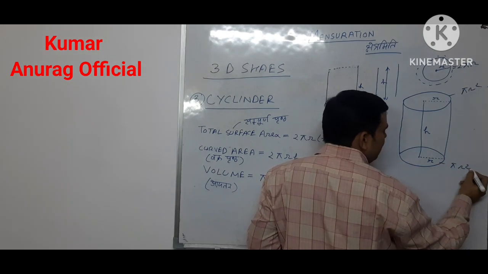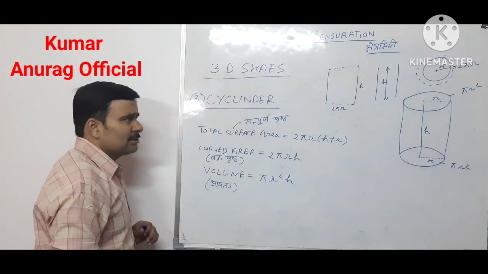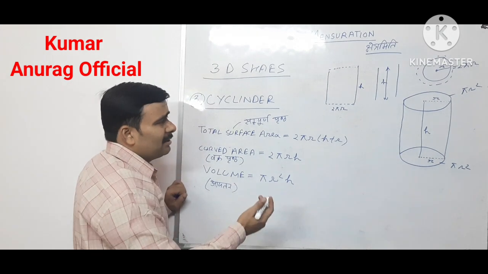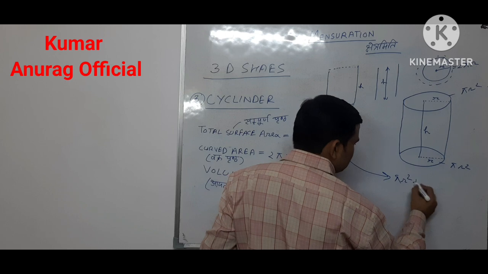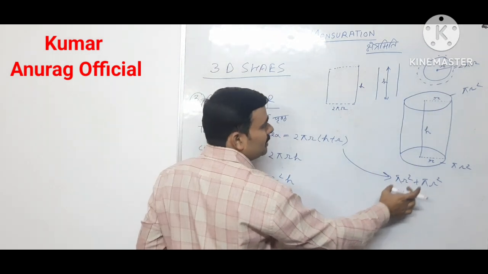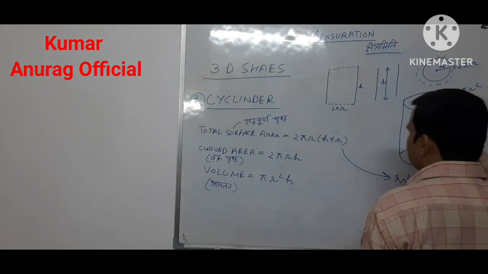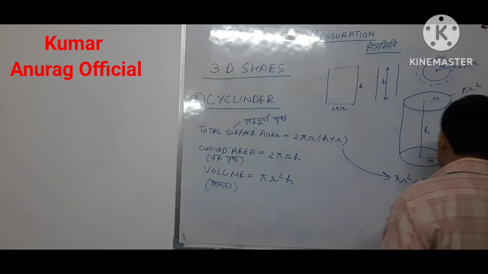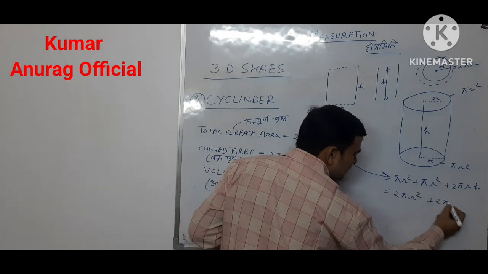The area of this circle is pi r square, and the area of this rectangle is length into breadth, where the length is 2 pi r and the breadth is height, so the curved surface is 2 pi r h. So the total surface area of the cylinder is the area of this circle plus the area of this circle plus the area of this part. Adding pi r square plus pi r square gives 2 pi r square plus 2 pi r h.